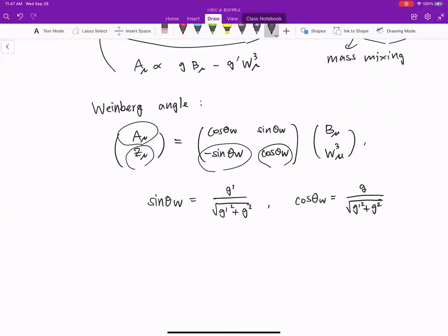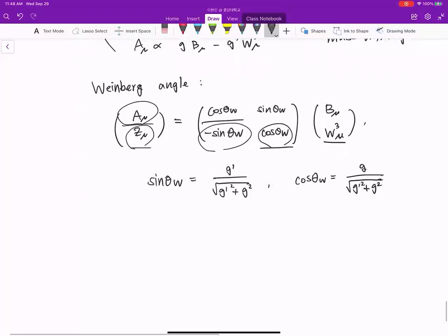And if the Weinberg angle equals 0, then the photon would be given by the hypercharge only, and the Z boson would be given by the neutral component of the SU(2) gauge bosons. But in nature, this Weinberg angle is different from zero, and it has been measured precisely.